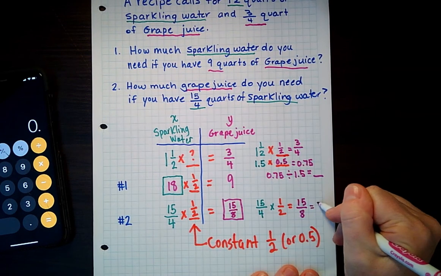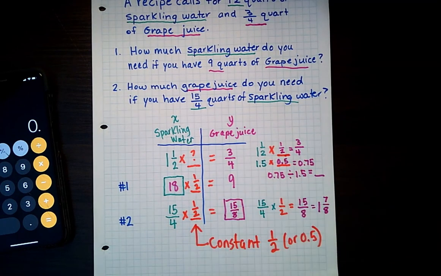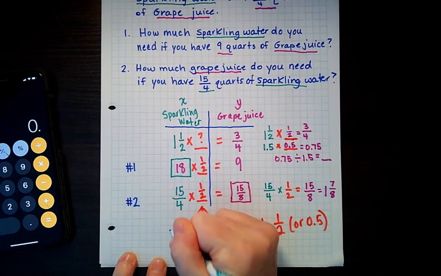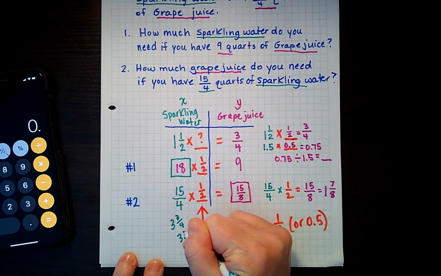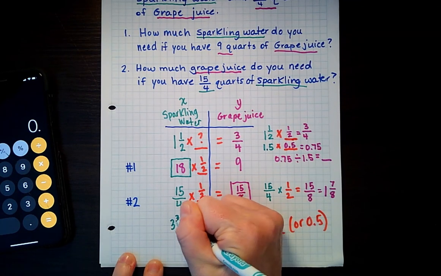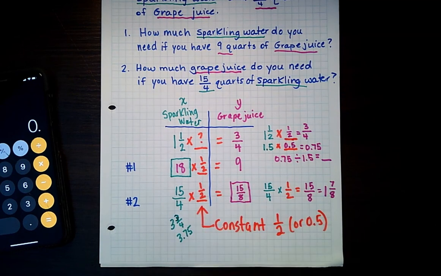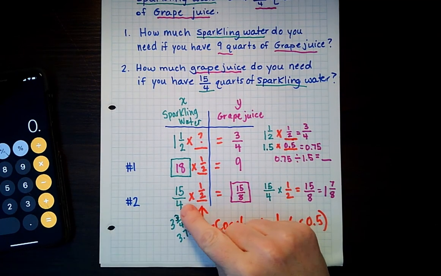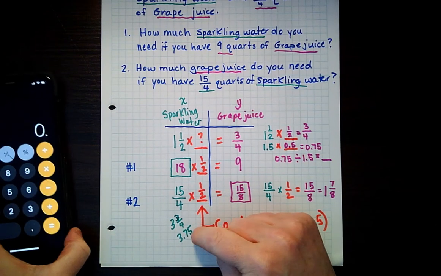Some students also put 1 7/8. If you used a decimal here and you changed this to a mixed number, 15/4 is the same as 3 3/4, or 3.75. These conversions are stuff that you really need to know how to do. That goes back to 4th and 5th grade math. 15/4 is how many 4s go into 15? 3 with 3 left over. 3 3/4, 3.75.